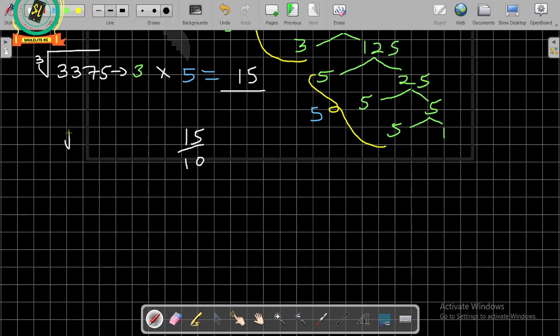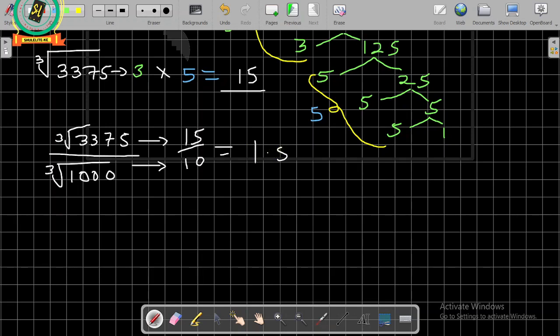The upper part is coming from the cube root of 3,375, which is giving us that 15, out of the cube root of 1,000, which is giving us the 10 down there. So combining the two, we have the answer in decimal as 1.5.